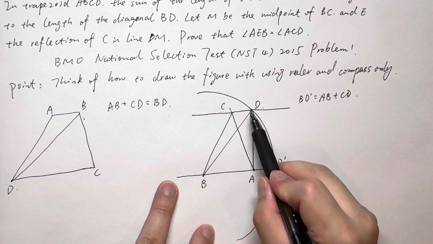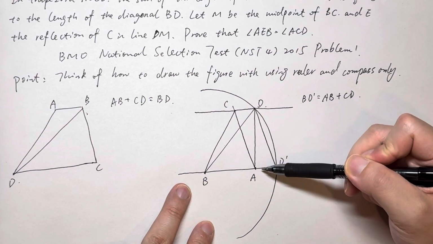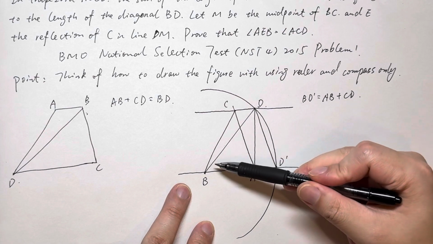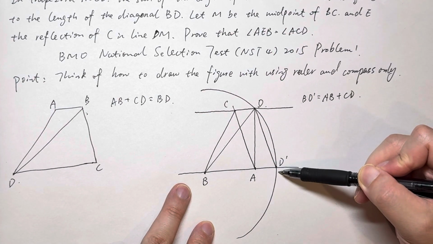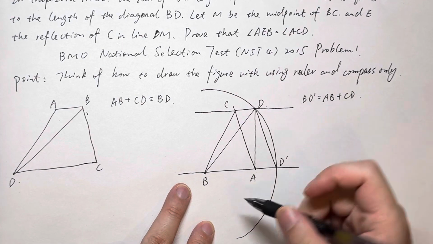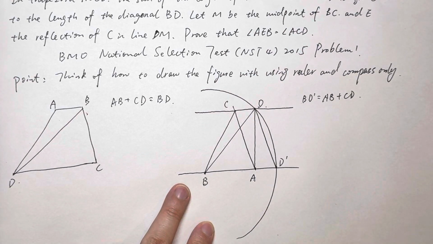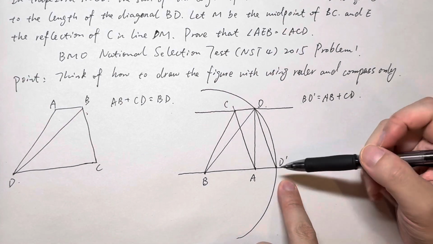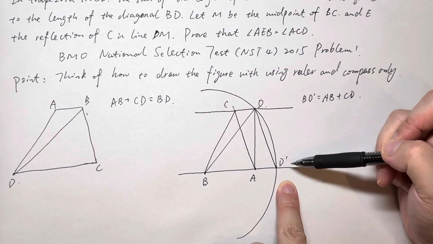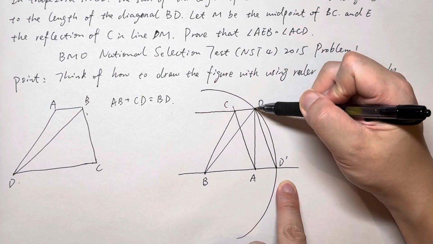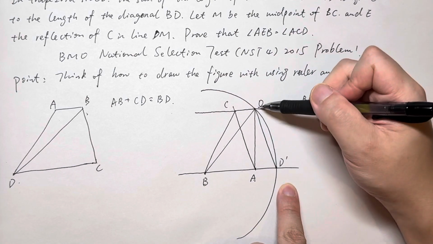Now we have our trapezoid here. We have A, B, C, D here, and we know that CD equals AD prime. It makes BA plus CD, which is BA plus AD prime, equal to BD. So we know that BADC is our trapezoid. If we just think about the ABCD trapezoid here, how can we find this D prime? We just need to draw a parallel line to AC passing through D, right?